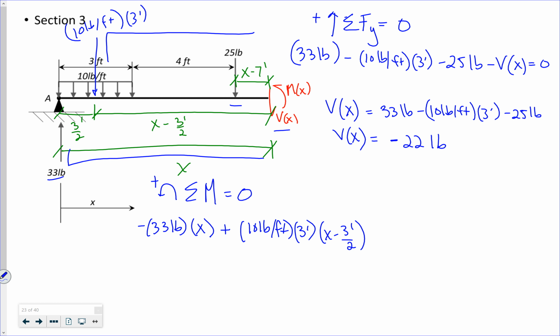And then I have also acting counterclockwise positive this 25 pounds acting at x minus 7 feet.